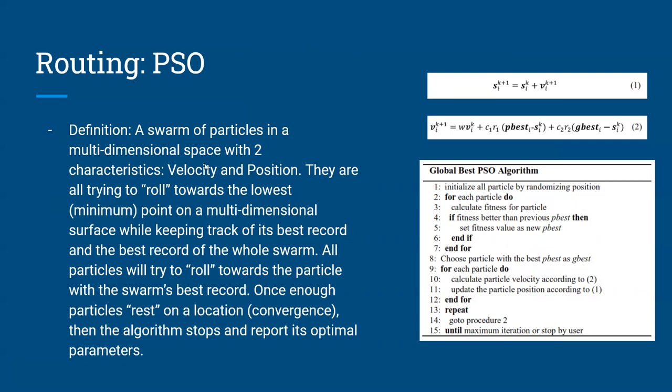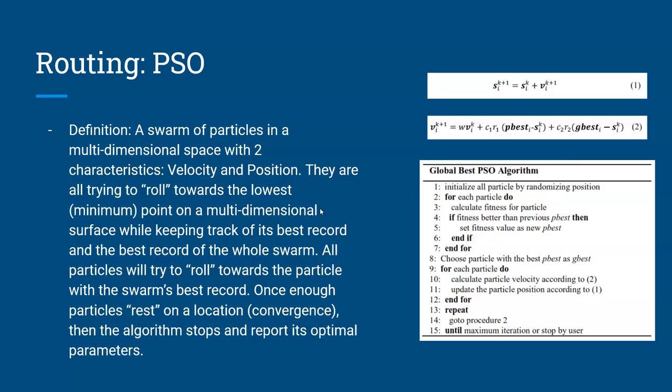They are all trying to roll towards the lowest or minimum point on a multidimensional surface while keeping track of their own best record and the best record of the entire swarm. All particles will try to roll towards the particle with the swarm's best record. Once enough particles rest on a location, which we call convergence, the algorithm stops and reports its optimal parameters.